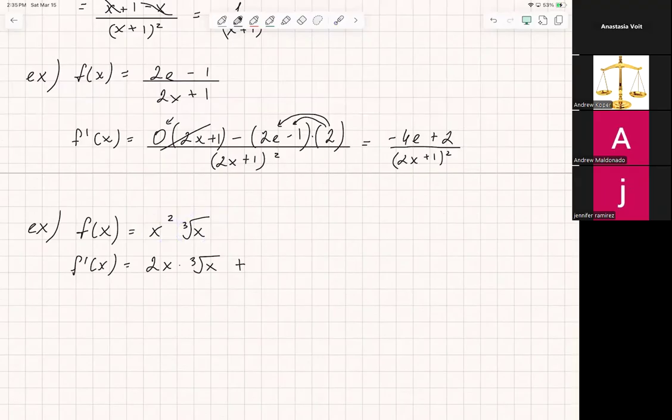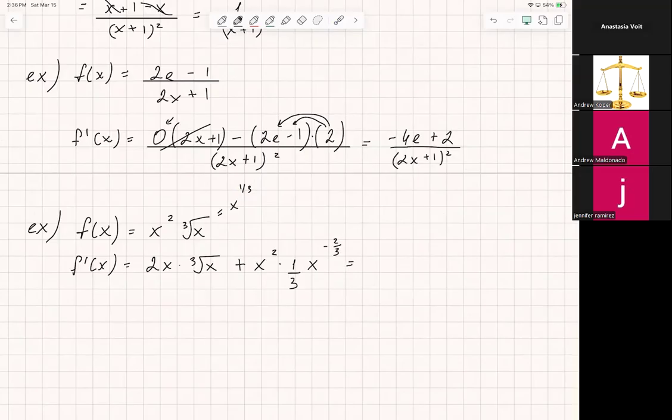So we would have x squared times, so now this cube root of x, that's the same thing as x to the power of 1 over 3. So we have here 1 over 3, x to the power of 1 over 3 minus 1, that's going to be minus 2 over 3, right?